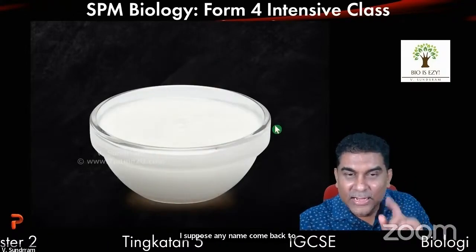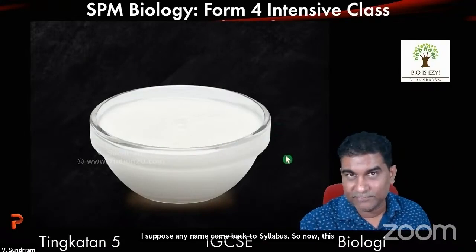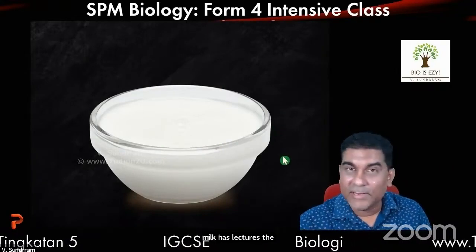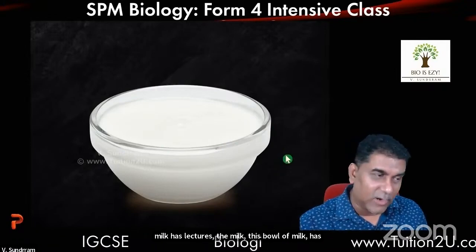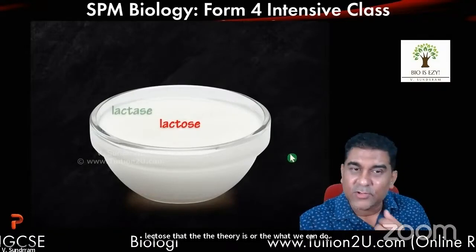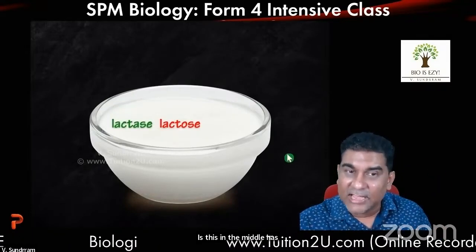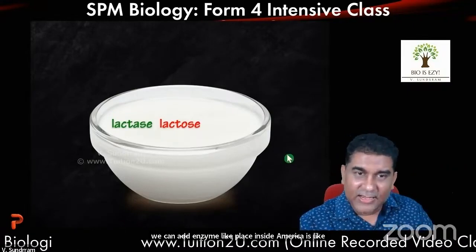So now this milk has lactose. The theory is, or what we can do is, we can add the enzyme lactase inside. The milk has lactose, we add lactase inside.